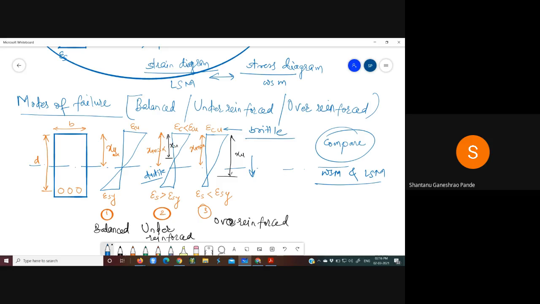The remaining things are altogether the same: percentage of steel or quantity of steel used with respect to the balanced section. You can elaborate primary ductile failure, then brittle failure, tension failure of steel, compression failure of concrete. All those points remain the same. The basic difference is stress distribution and strain distribution.